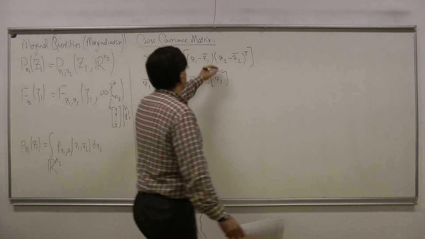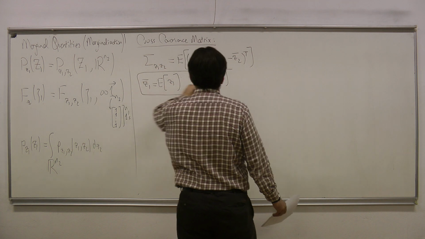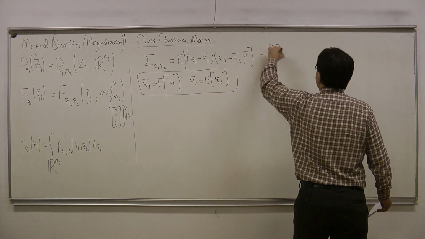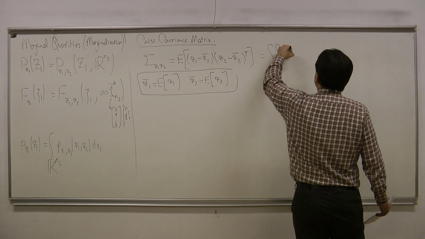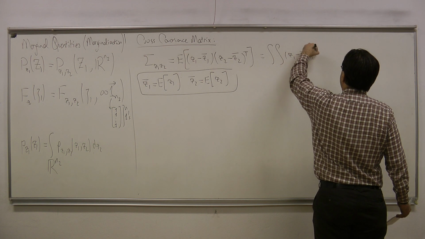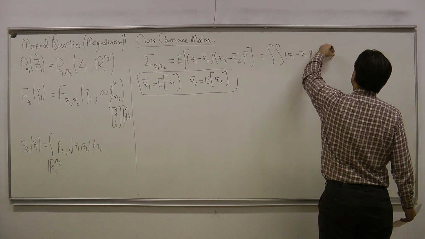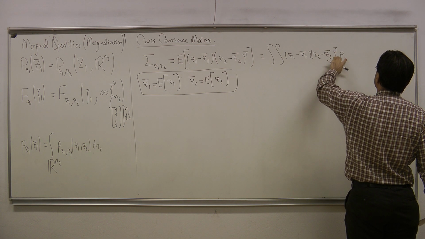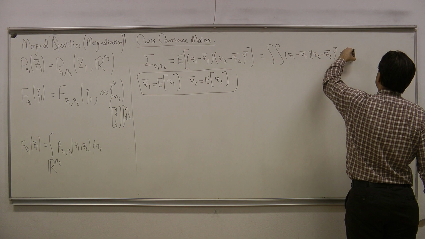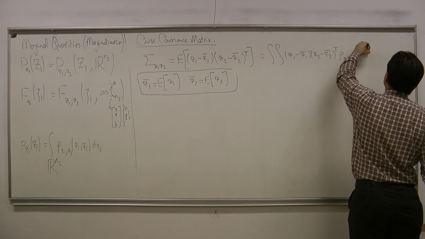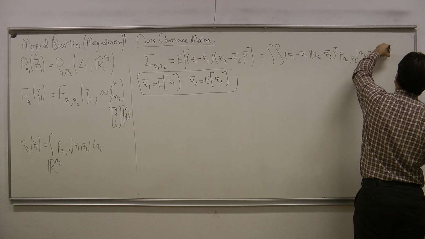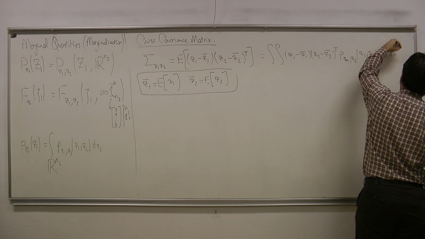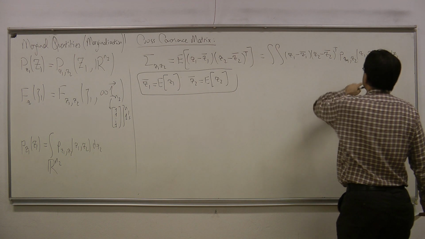And I can actually write the cross-covariance in the following form. I have double integrals of (Z1 minus Z1 bar)(Z2 minus Z2 bar) transpose times, obviously, the joint distribution of Z1 and Z2, and I need to integrate over the whole space.